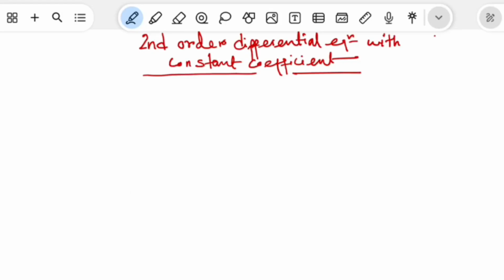Students, we will discuss today second order differential equation with constant coefficient.